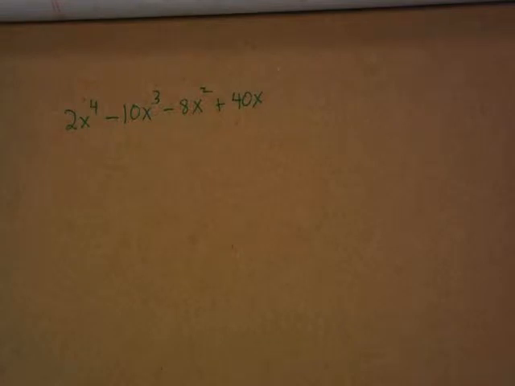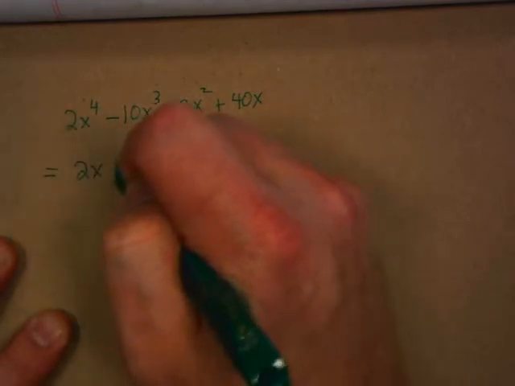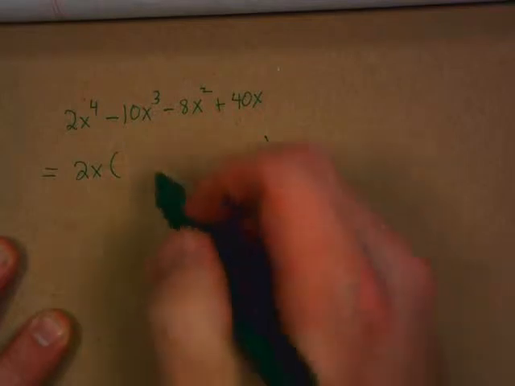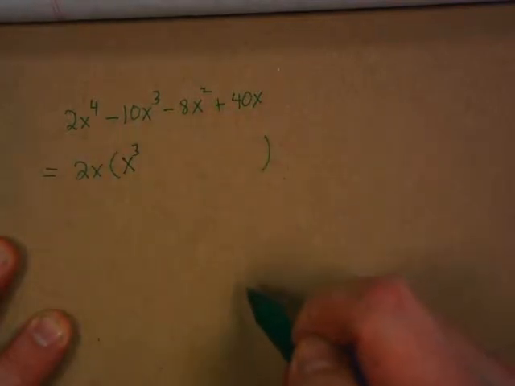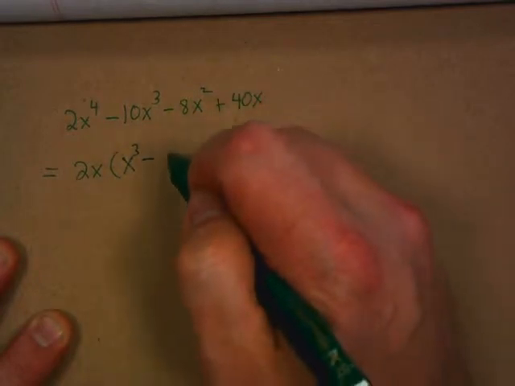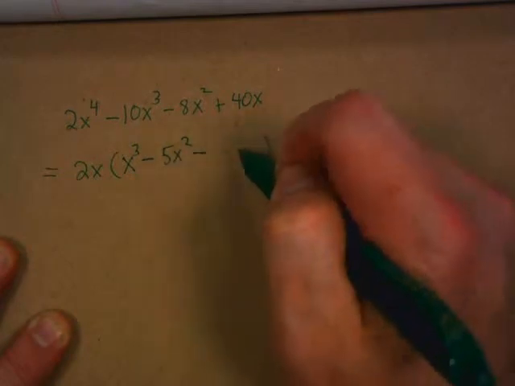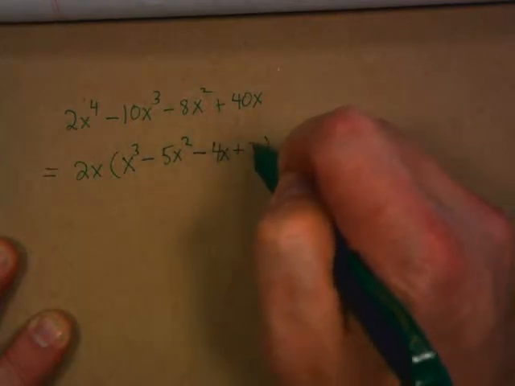What's your GCF? 2x. Even better than 2, there's an x in every one. All right, so 2x. Left over: x cubed minus 5x squared minus 4x plus 20.